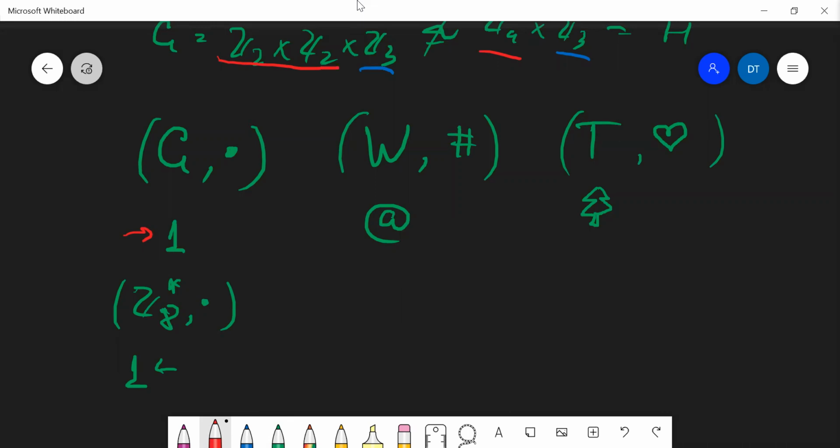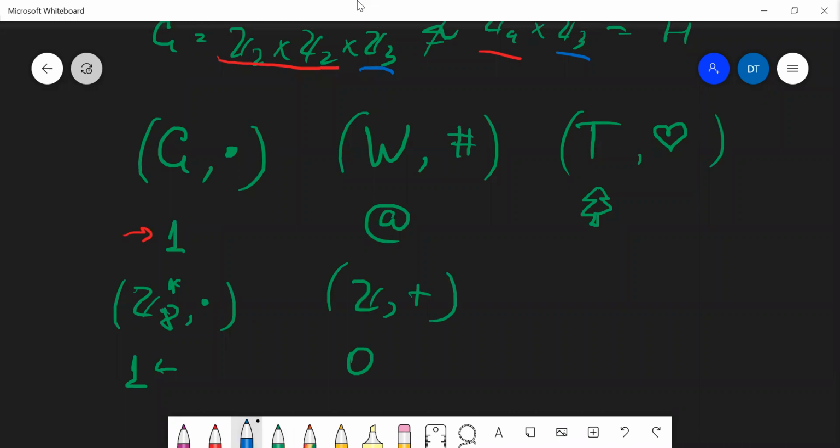For simplicity, you just denote the identity element by 1. When you deal with Z8 star, you have 1 as the natural number, and by coincidence, it coincides with the neutral element of the group. But if you take Z with addition, here the neutral element is 0 and not 1.